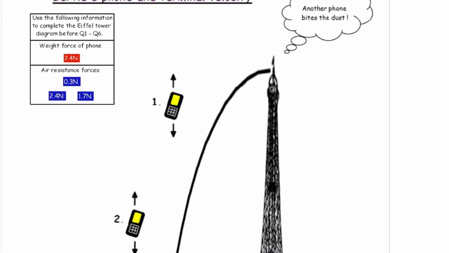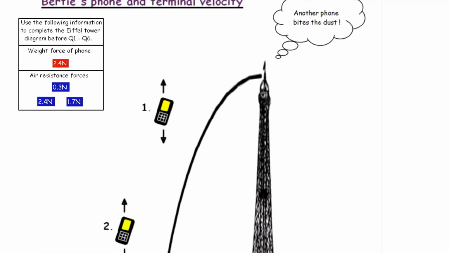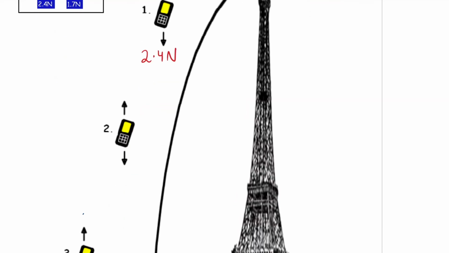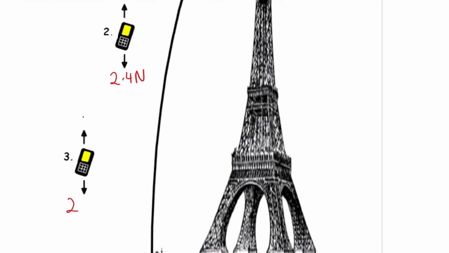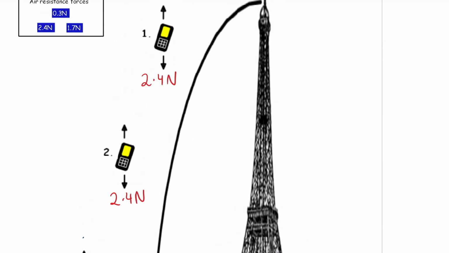The weight force remains constant, and we'll label the weight force as 2.4 newtons. The phone doesn't gain weight, it doesn't lose weight just because it's fallen through the air.